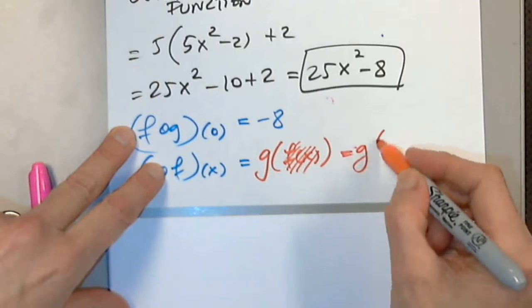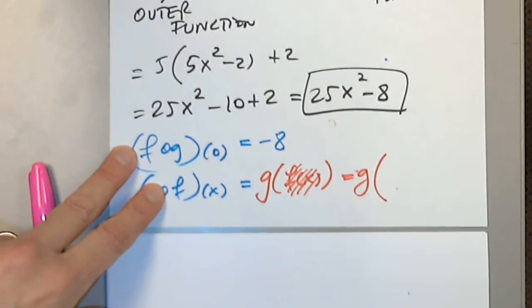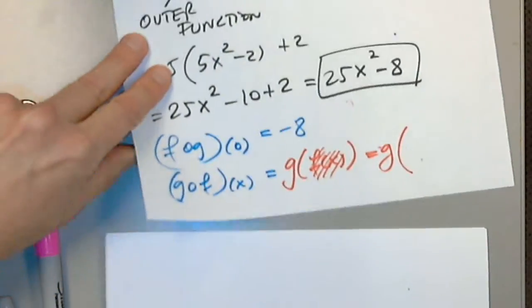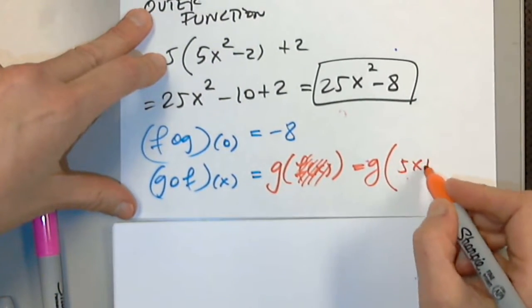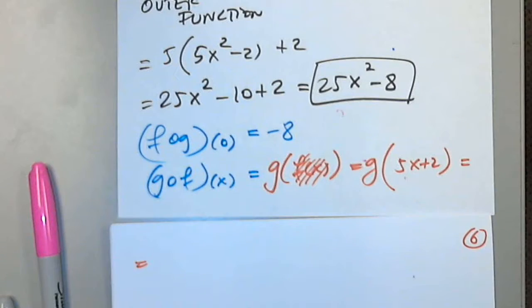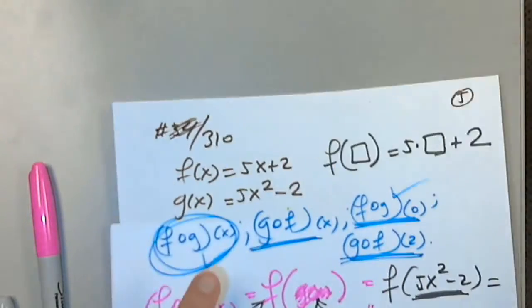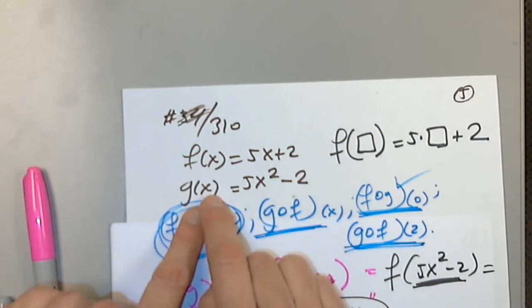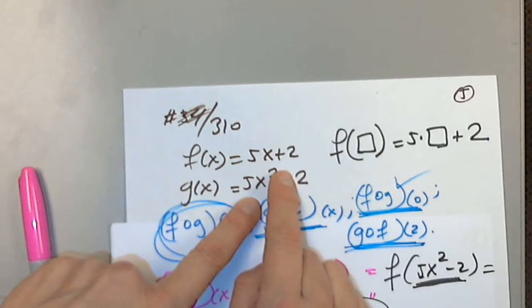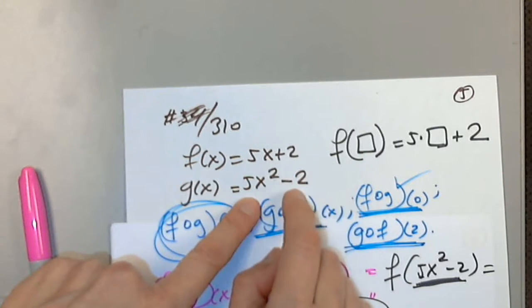I have g of f of x. Perfect. Yes, 5x plus 2. Now please dictate. Now I'm looking at g. Here's what I see. G of whatever equals 5 times whatever squared minus 2.